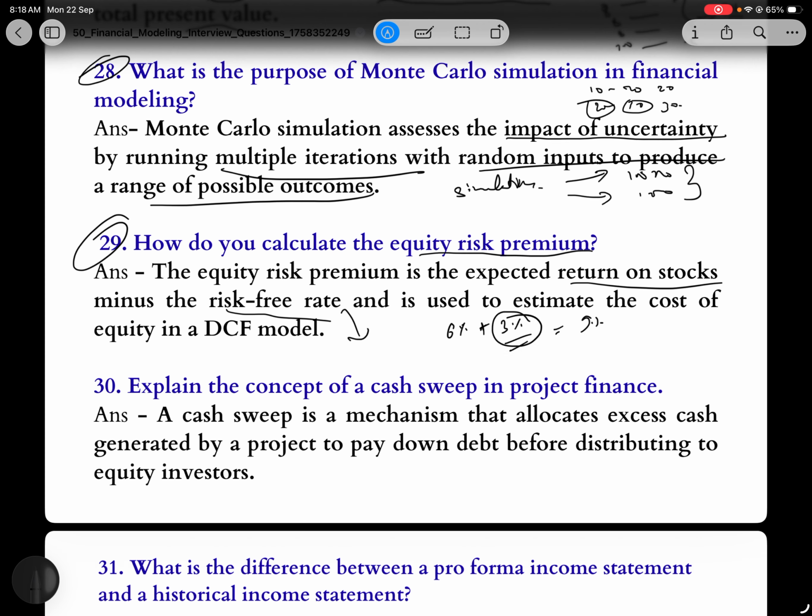The differential between them is 3%, so that's your risk premium. This is used to calculate the equity side of things, our cost of capital, cost of equity. Okay, 9%.